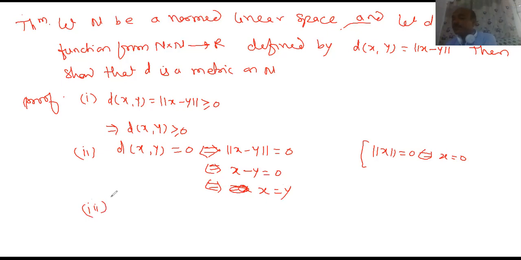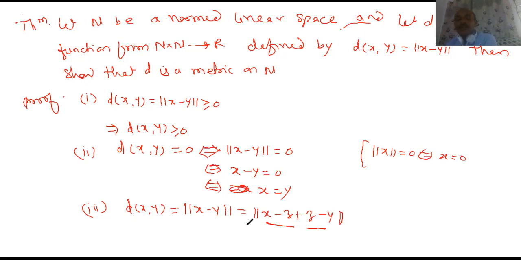Now the third one. What is the third one? That is d of x, y less than or equal to d of x, z plus d of z, y. Where d of x, y by definition is norm of x minus y, and this is again norm of x minus y, where we add and subtract z. After this, we can apply the triangle inequality.